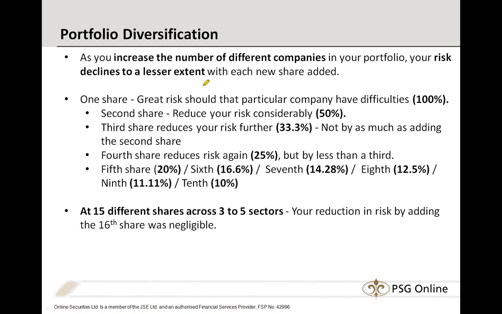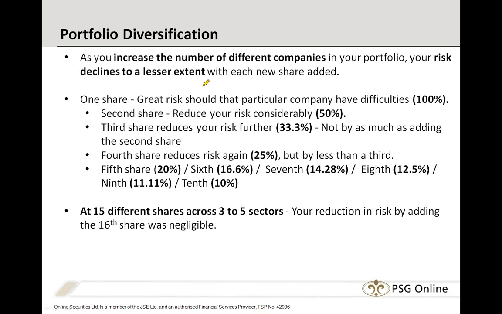So this is where we talk about diversification, where as you increase the number of shares in your portfolio, your risk will decline to a lesser extent. For example, if you had just one share in your portfolio, all your money in one share, obviously the challenge is you get great risk that the particular company can get into difficulty, so you've got a chance of losing all your money. But now you buy a second share, and your risk is reduced by 50%.